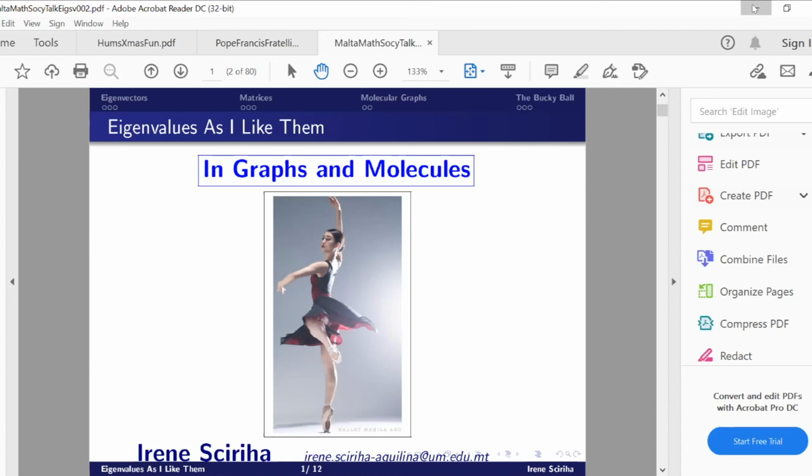Now, besides this, looking at the 0 eigenvalue just gives you the equation AX equals 0x. So you have AX equals 0, so it's really easy to work with. And it enabled me to find all possible substructures that we need in a graph for the eigenvalue to be 0.